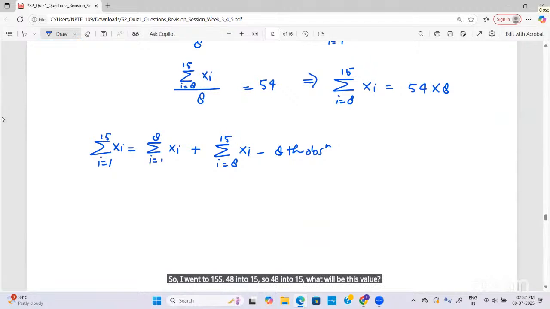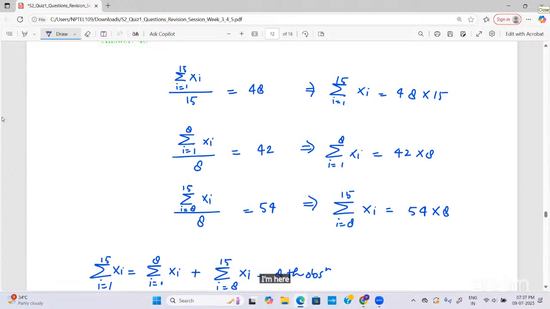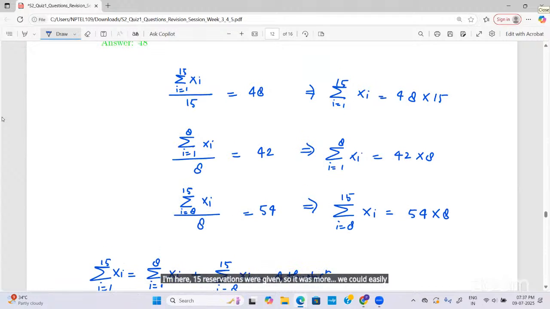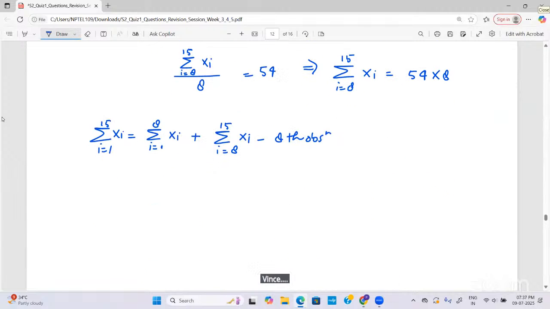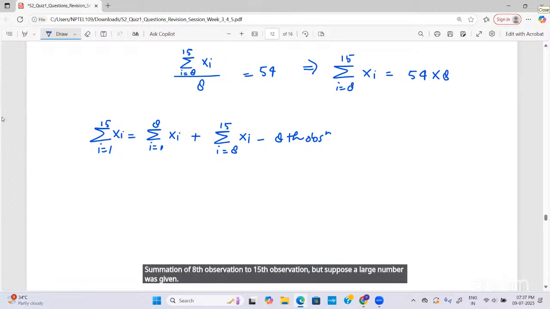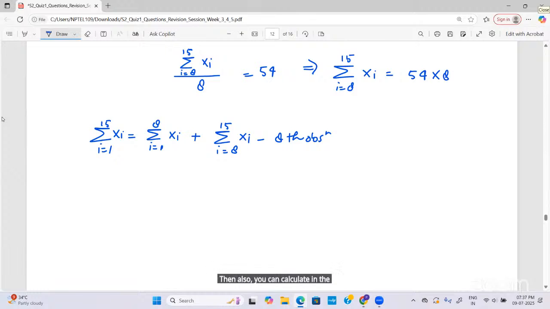720. Here 15 observations were given, so it was small and we could easily identify the last 8. But suppose a large number was given and then it was told last 8 observations, how could we write from which term to which term? You have to calculate it. The mean of the last eight observations is the summation from the 8th to the 15th observation, and with a large number you can calculate in the same way.